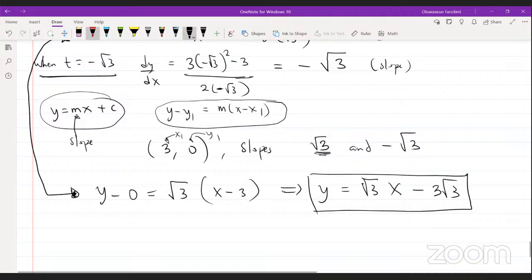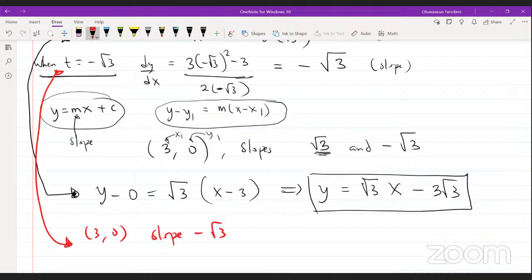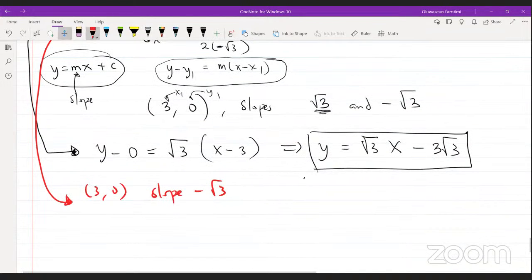Okay, so what about this one? Let me use the red now. What about its own equation? We have 3, 0 and a slope of negative square root of 3. I just took that off so that it will not be confusing.